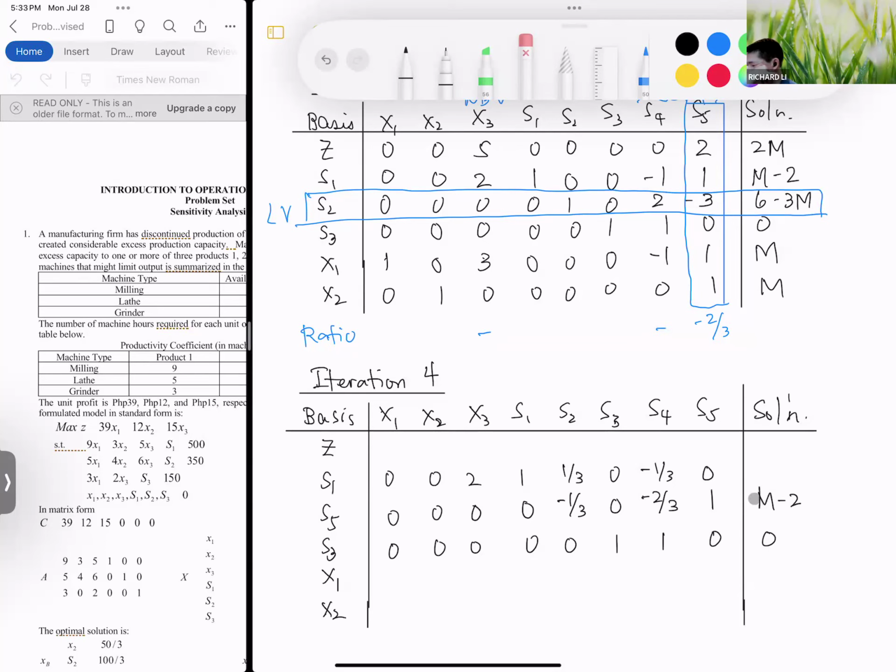So, -1, -m plus 2 plus m minus 2, should be 0. And this should be 4, right?